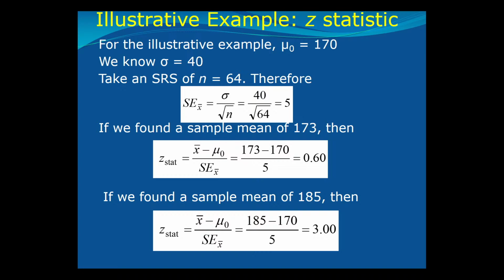A computer automatically calculates all statistics you need to make your statistical conclusions, but your goal is to interpret these values correctly. And if we found a sample mean of 185, then Z statistics equals 3.